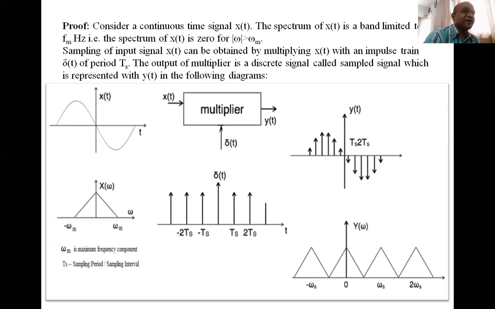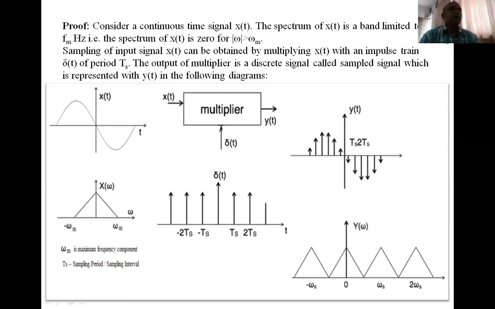That is, the spectrum of x of t is 0 for omega greater than omega m. Now, sampling of input signal x of t can be obtained by multiplying x of t with an impulse train delta t of period ts. The output of the multiplier is a discrete signal called the sampled signal, which is represented by y of t.